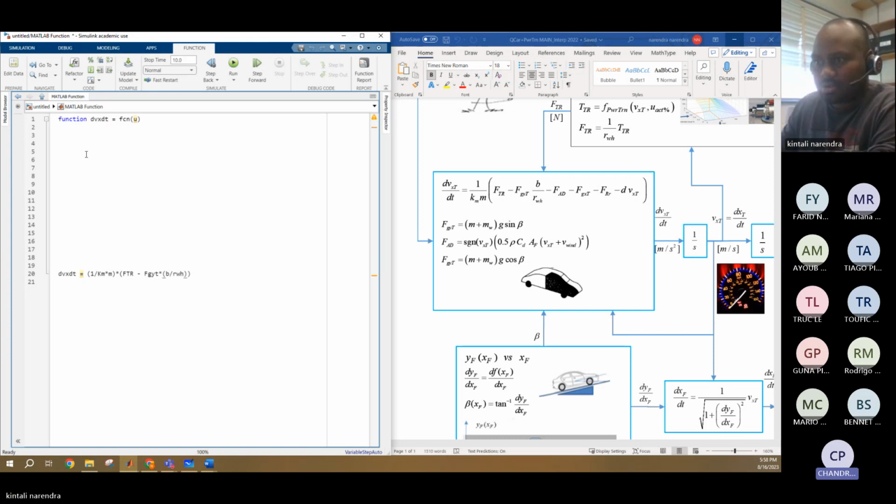Can you help me with how to write that function in this generic window? You can share your screen, guys. Remaining guys, write this equation in MATLAB, the first equation.